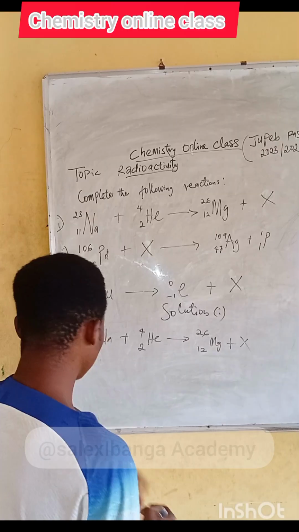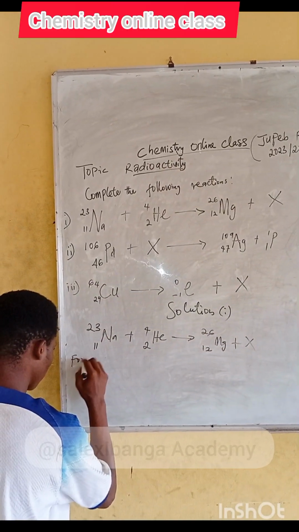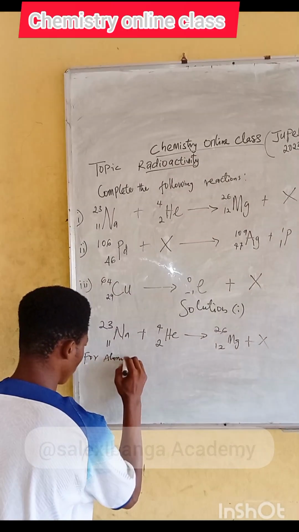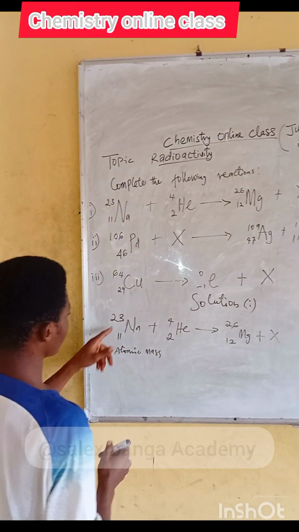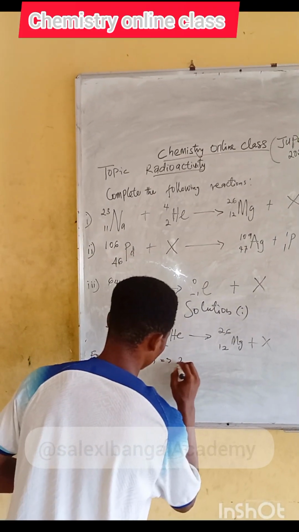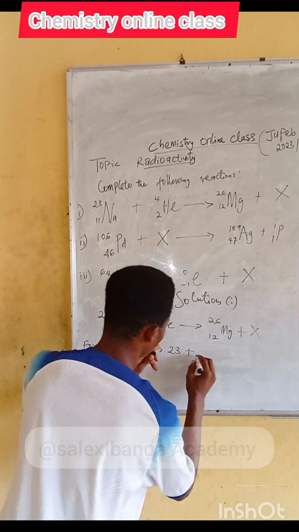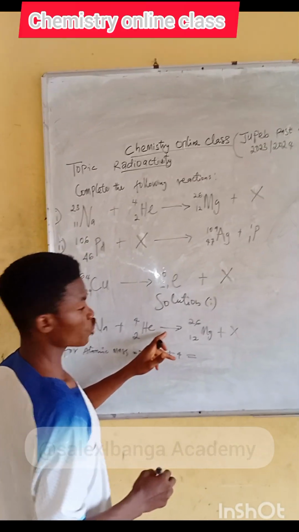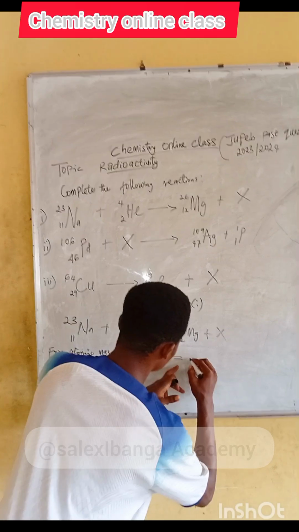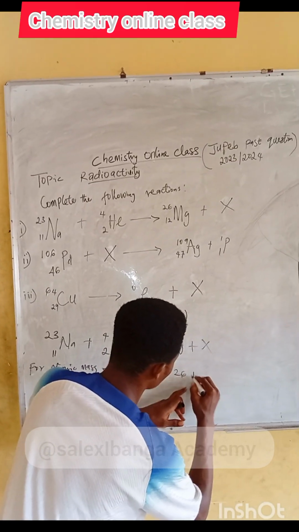For atomic mass, I have 23 plus 4, and the equals sign represents equality, so it equals 26 plus x, which I don't know.